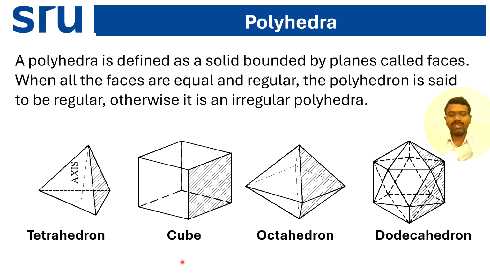This is the cube, which is bounded by six squares, and the octahedron and dodecahedron. So these are regular polyhedra, but we are not drawing the projections of these regular polyhedra; we are concentrating on irregular polyhedra. Those are two different types: prisms and pyramids.